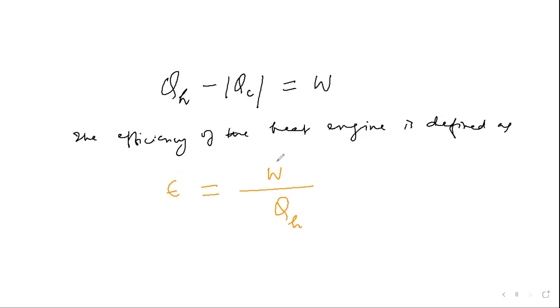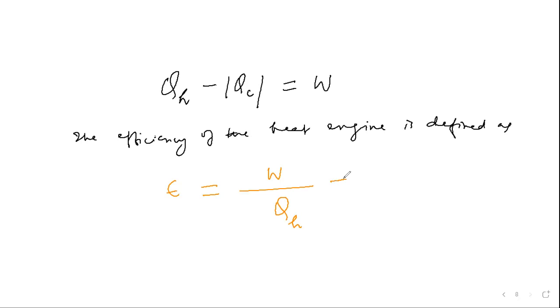Ratio of work done by the engine in each cycle over heat put into the system, not net heat put in the system. Heat put into the system or absorbed by the engine from the hot reservoir.